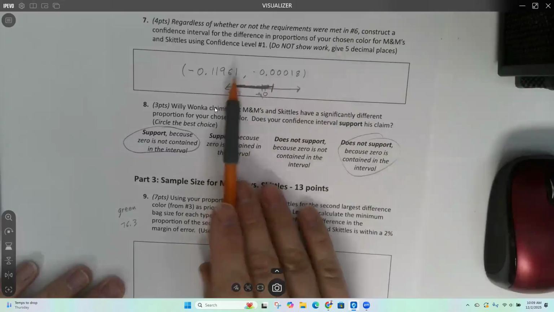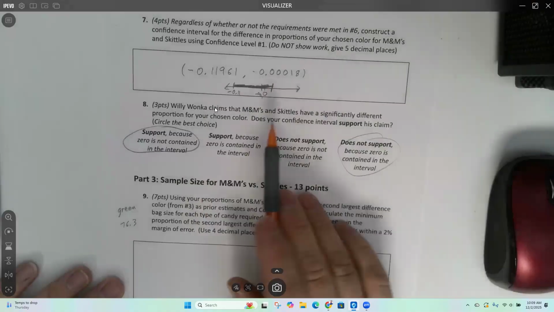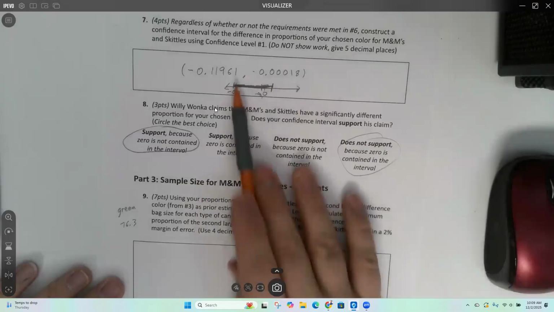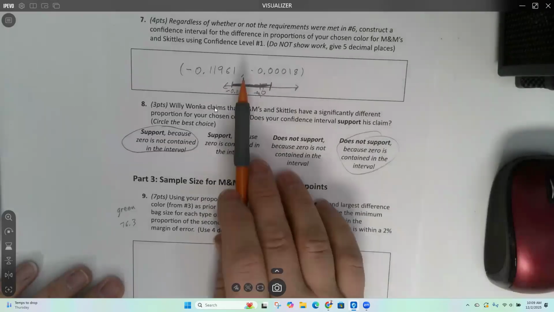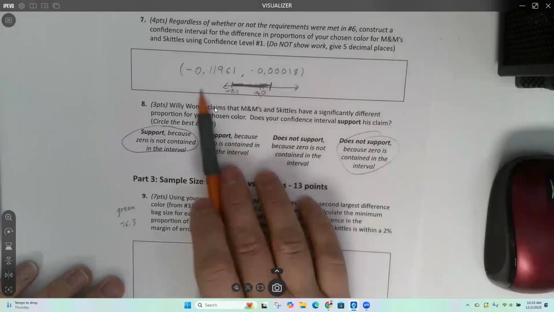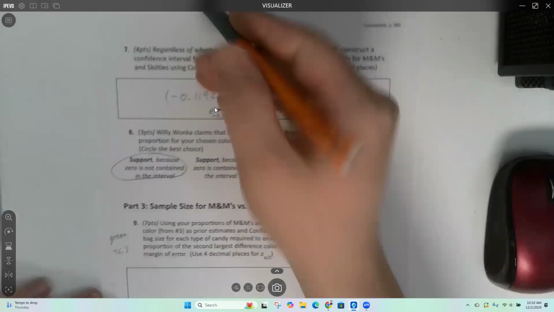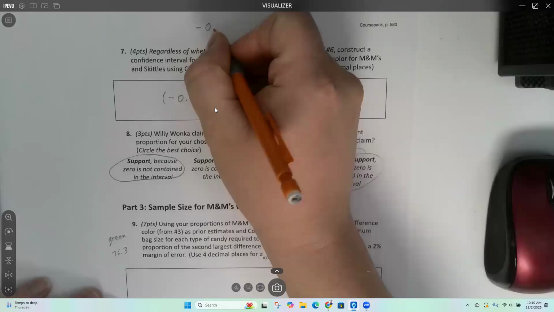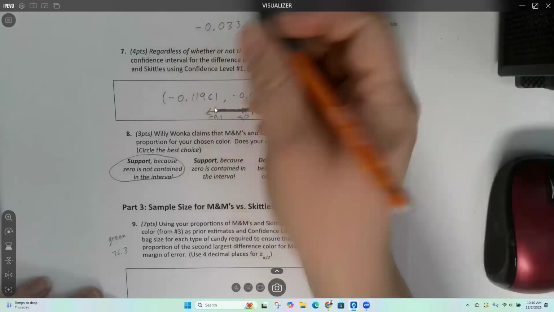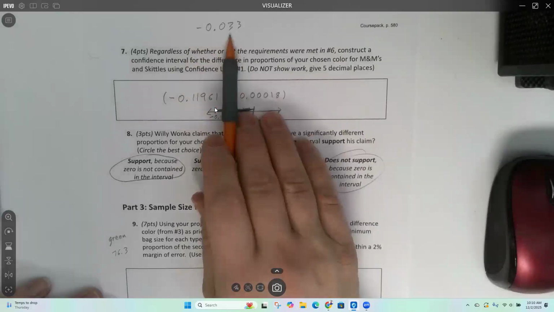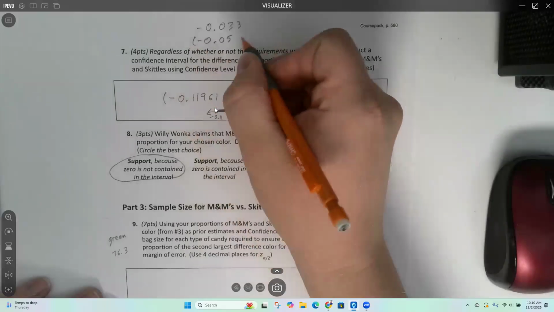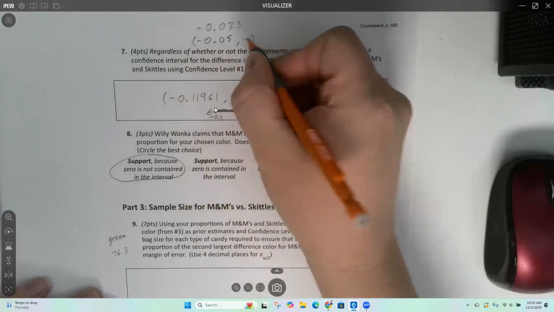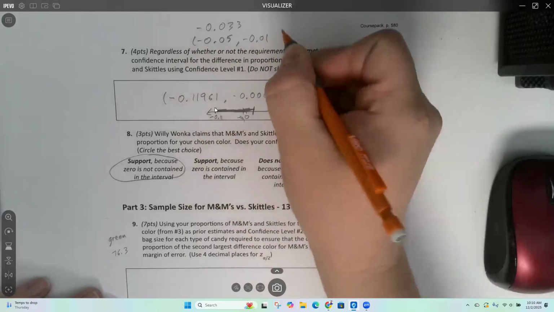If I wanted to get more accurate, I would want a smaller confidence interval. So I want to be within a 2% margin of error, which means up by 2 or down by 2. So if the true value is 3%, I want a confidence interval that goes from 5% down to 1%, right?